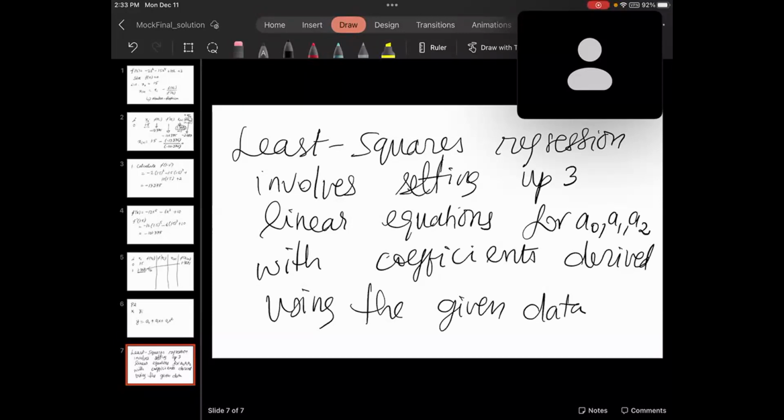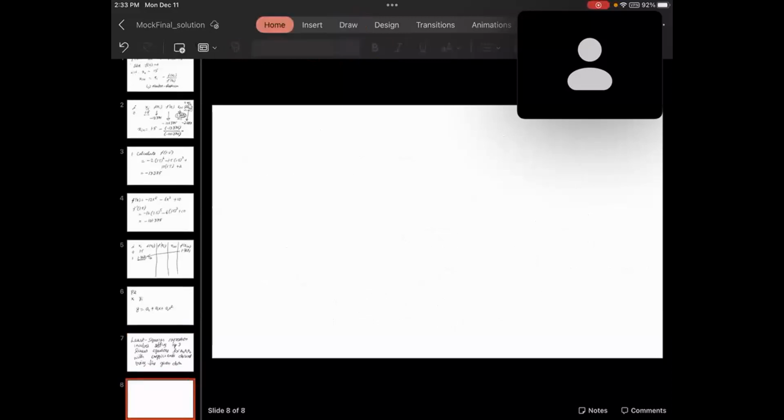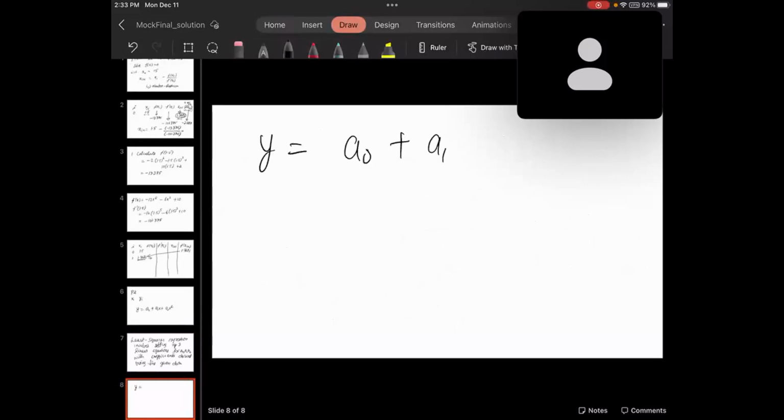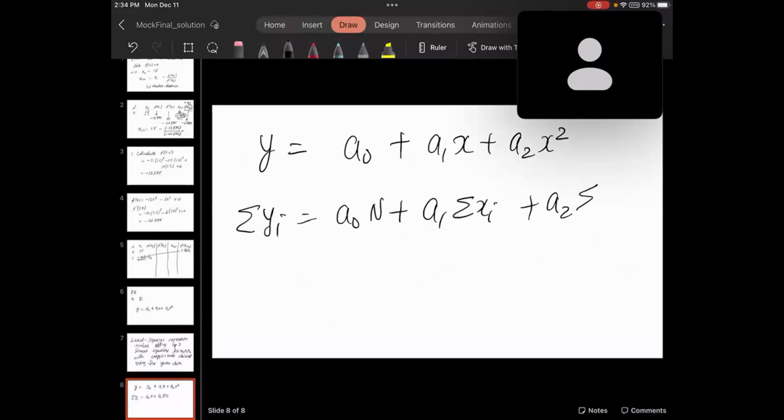How do you do that? Here's a neat trick. Y equal to a0 plus a1x plus a2x squared, it's given to you. So what you do is this. Sigma yi equal to a0 n plus a1 sigma xi plus a2 sigma xi squared.